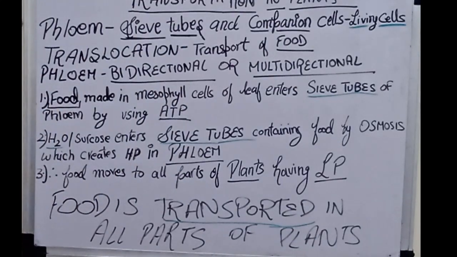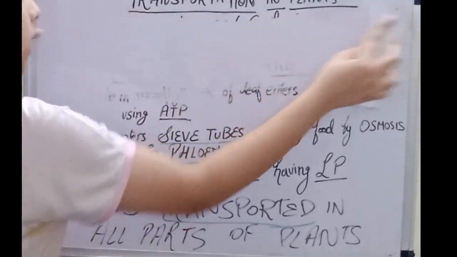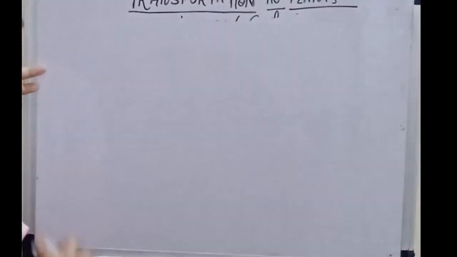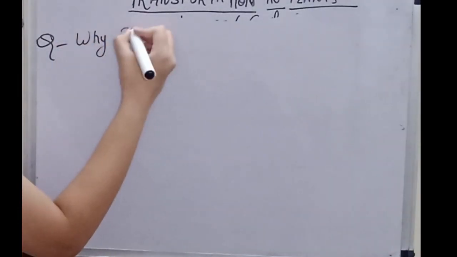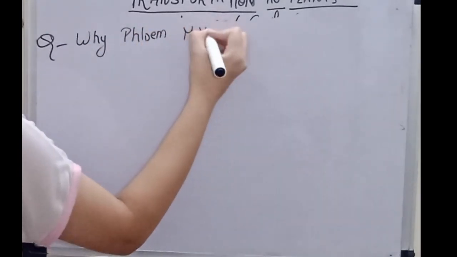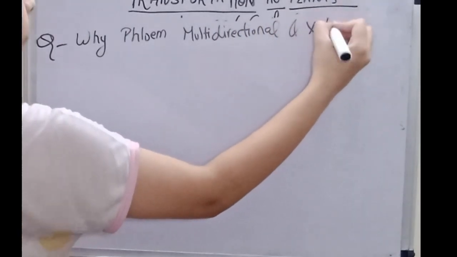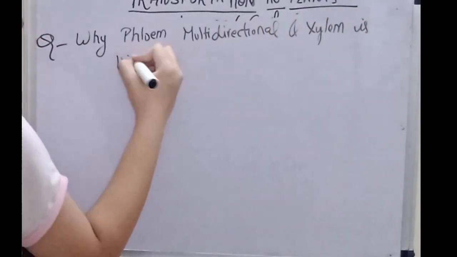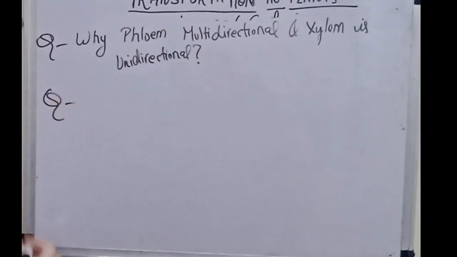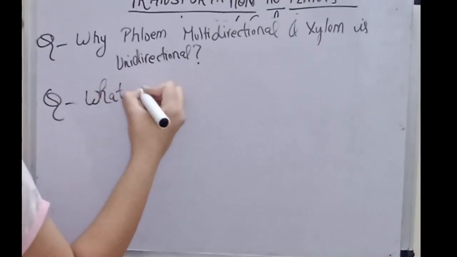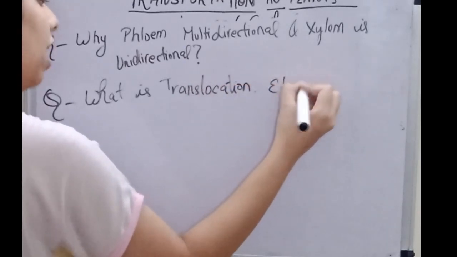So the first question is why phloem is multidirectional and xylem is unidirectional. Second question, what is translocation? Elaborate.